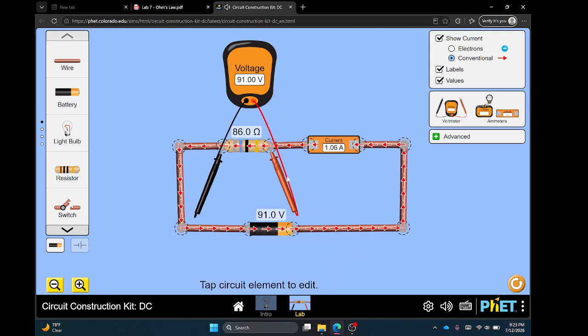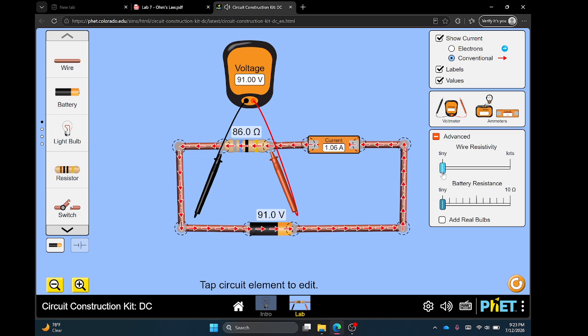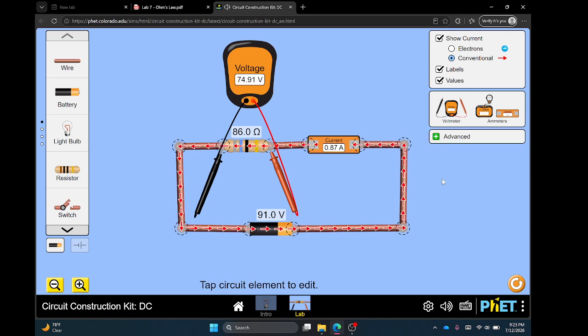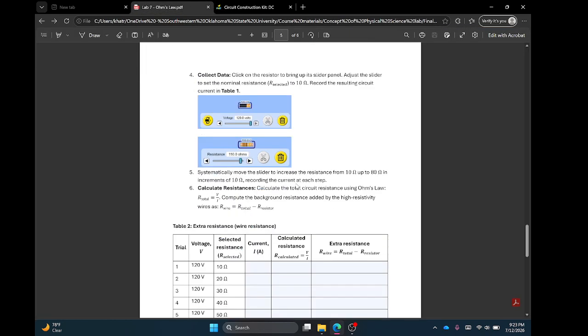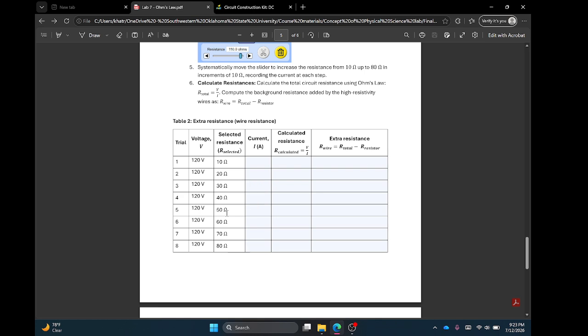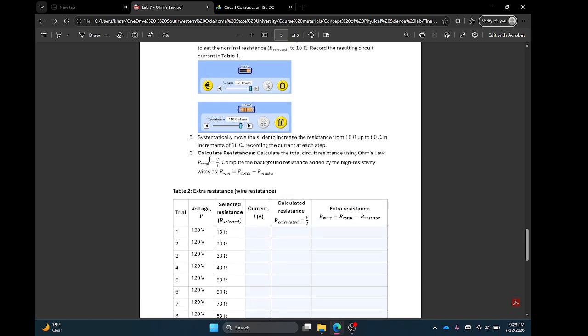So for the second part, what you have to do is, instead of leaving the resistance on the wire as negligible, we will have some resistance on the wire, and we will calculate the resistance on this wire using this relation.